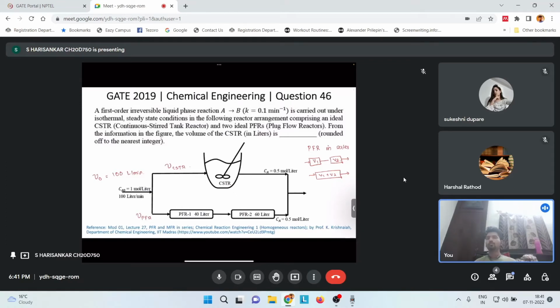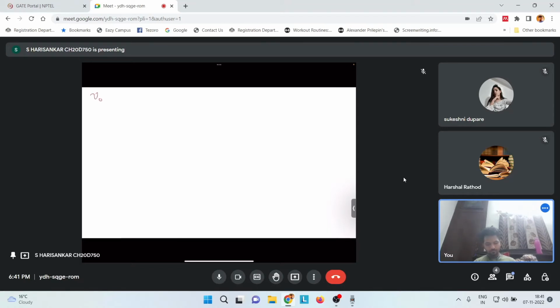So that is what we need to first find here. Fine. So nu 0 will be nu PFR plus nu CSTR. Alright. So now let us consider the case of PFR in series.